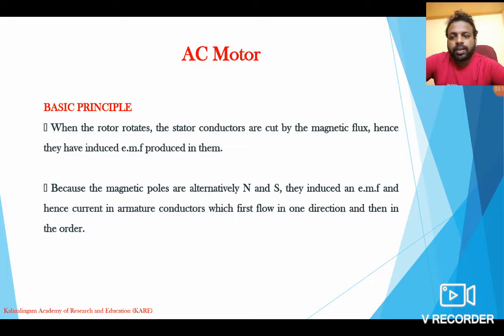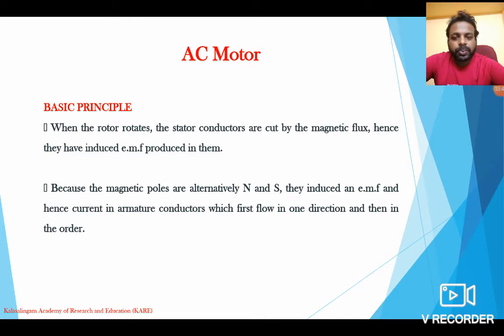These are the basic principles. As I said, when a current carrying conductor is placed in a magnetic field, it experiences some mechanical force and tries to rotate about its own axis. The second important thing is when you energize an electromagnet with AC current, the poles keep on changing.